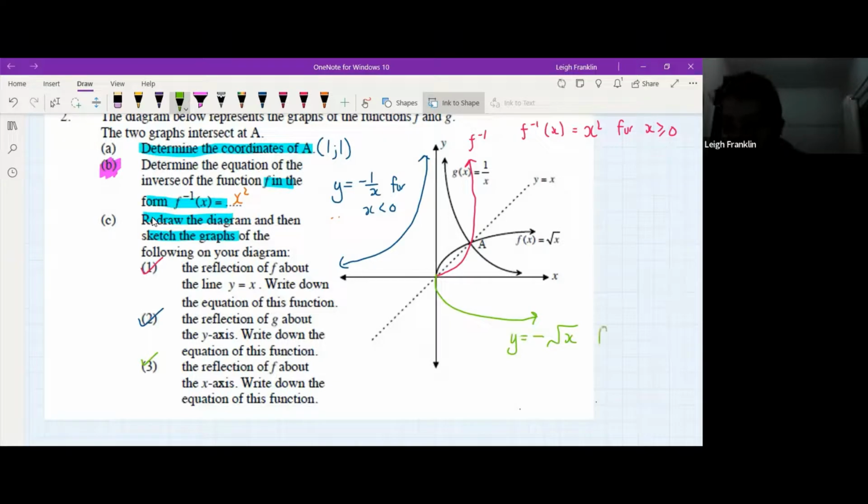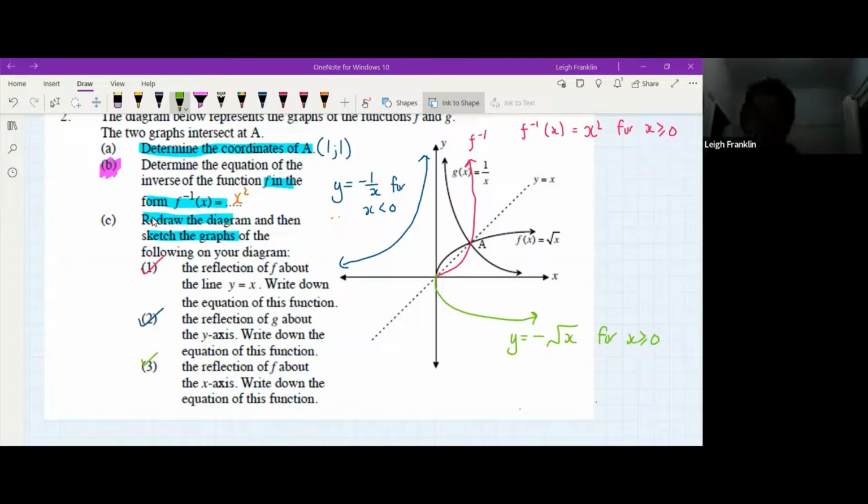These are for values of x that are greater than or equal to 0. Is everybody happy with that? Are we all good? It wasn't supposed to be particularly difficult or anything. All right, lovely.